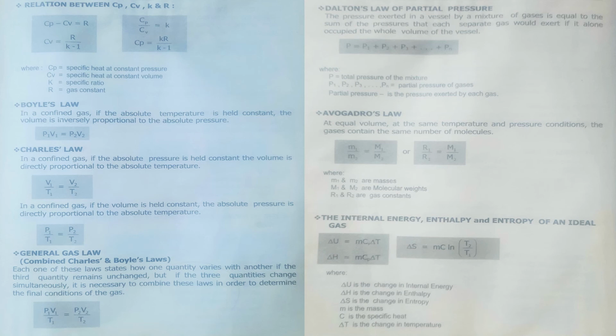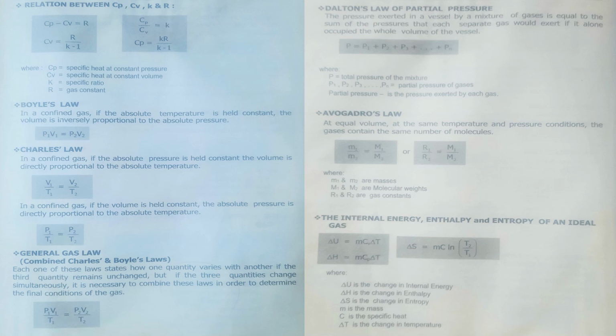So your relation of volume and temperature is V1 over T1 is equal to V2 over T2. In a confined gas, if the volume is held constant, the absolute pressure is directly proportional to the absolute temperature. So, given the pressure and temperature, your relationship is P1 over T1 is equal to P2 over T2.